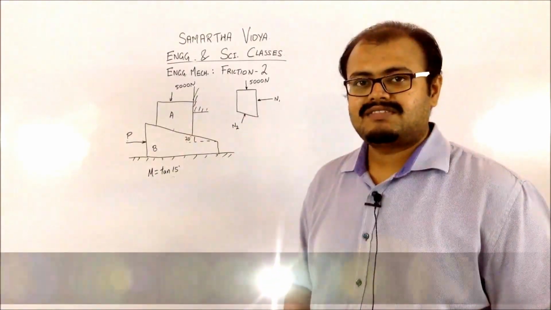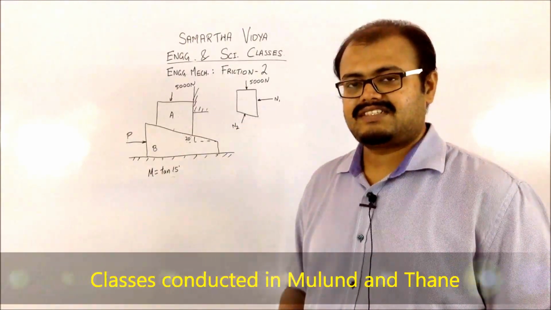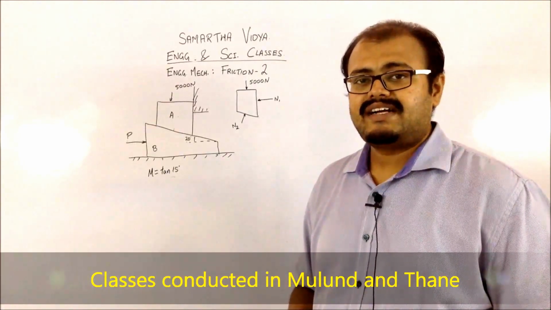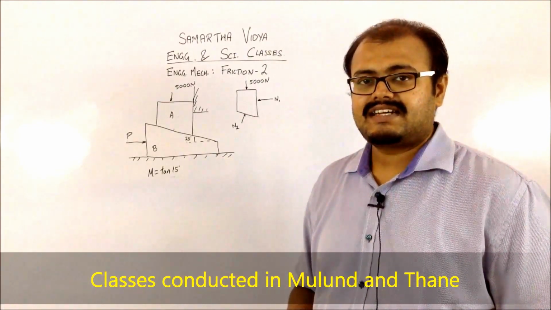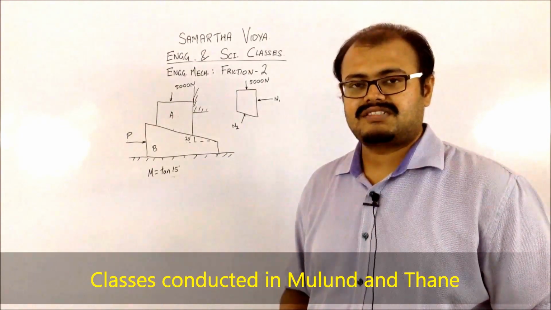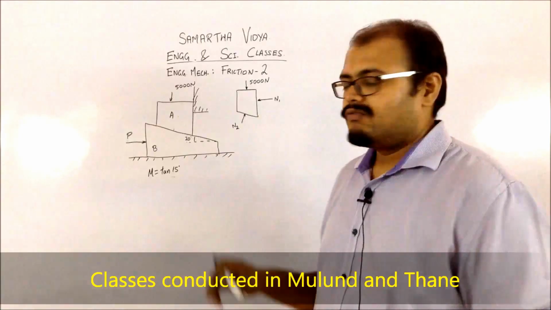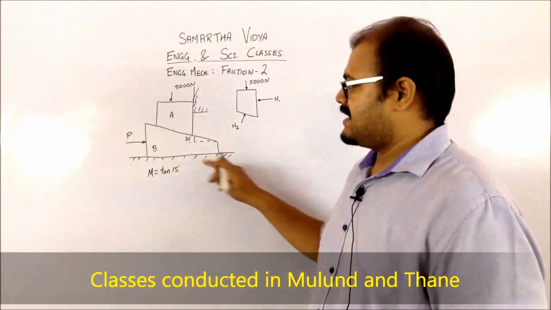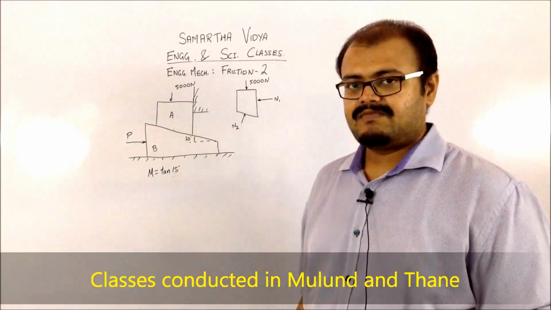Now the remaining forces which you have to represent are the frictional forces. This is quite tricky because you have to understand that frictional forces are always in opposition to the motion. So what you have to understand is that my B is going to move A upwards.